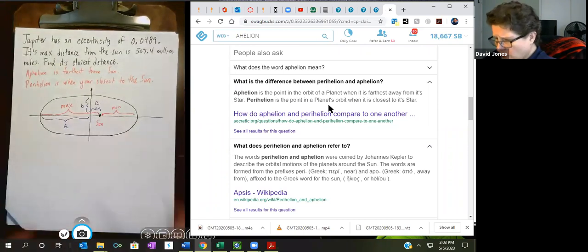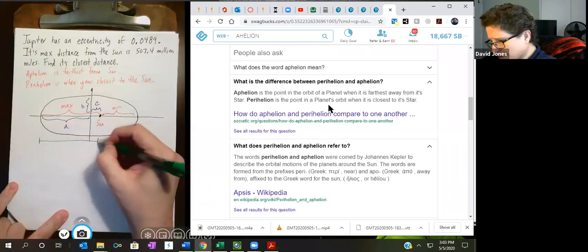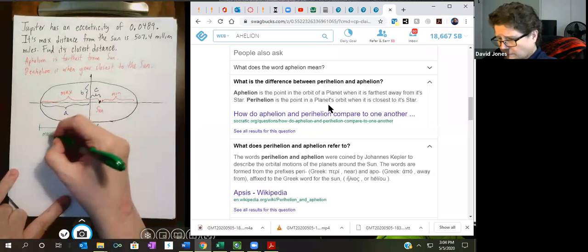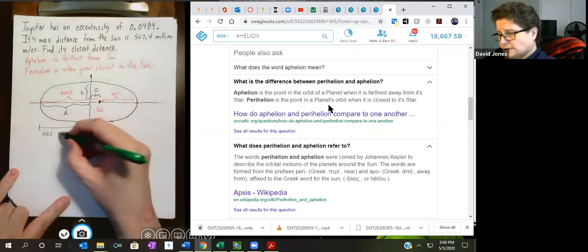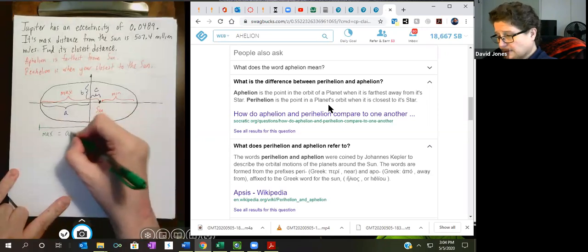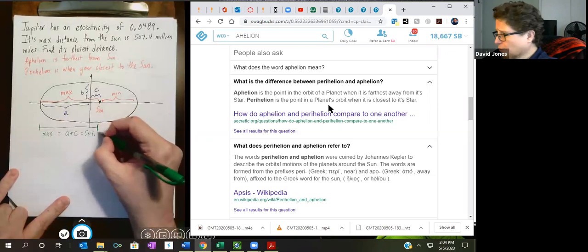So how long is this distance from here to here, that max distance? Well, it's got to be A plus C. And we just said that's 507.4 million miles.